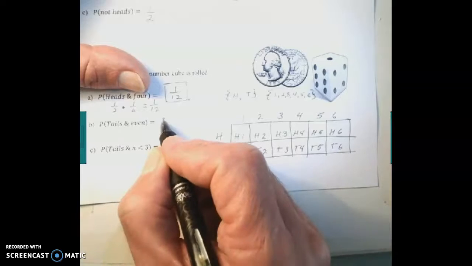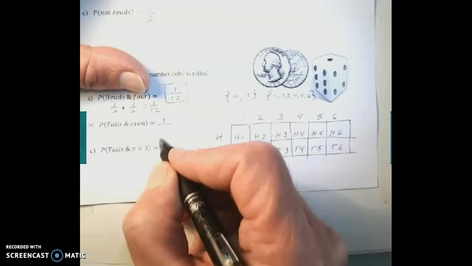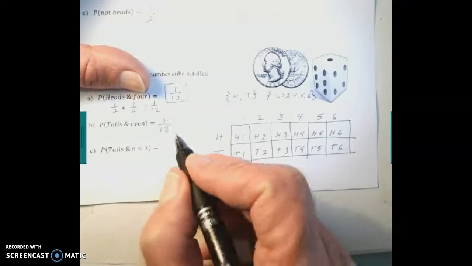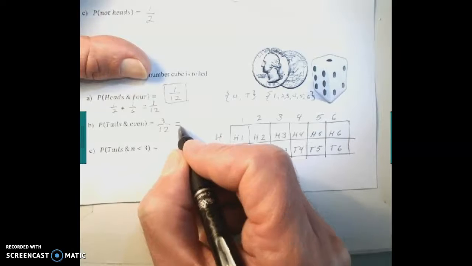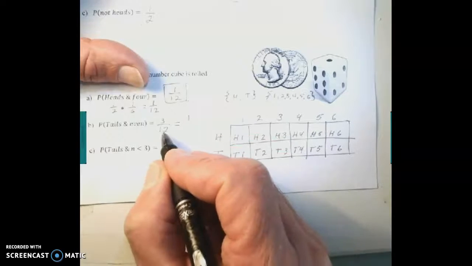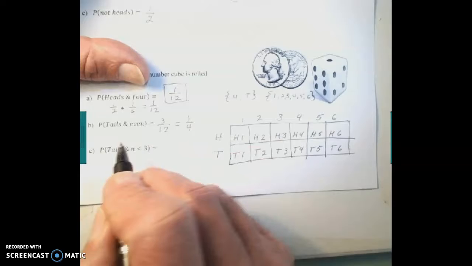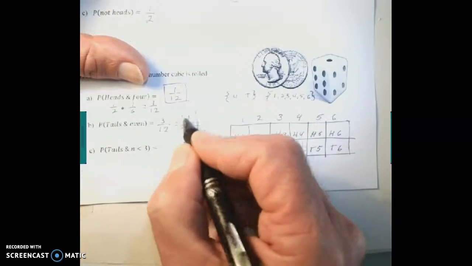That's 3 favorable out of 12 possible. That is our answer, except, yeah, we should reduce. They're both divisible by 3. 3 divided by 3 is 1. 12 divided by 3 is 4. So the probability of tails and even is 1/4.